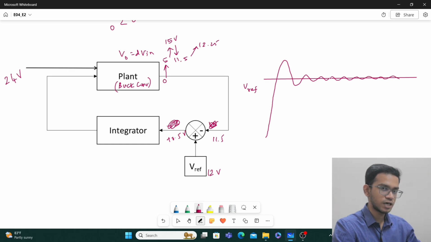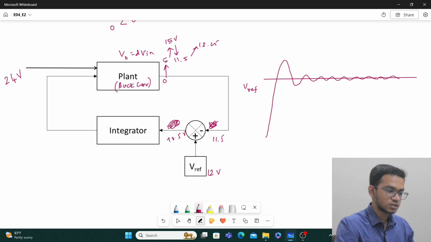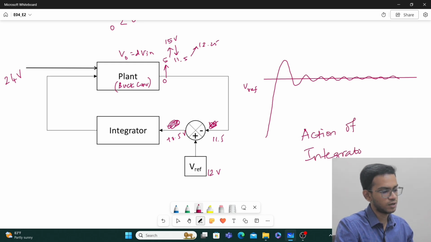It will go up, the error will become positive, it will come down. Again it will pull down more than necessary, the error will become negative, it will again pull up. Again, it will pull up more than necessary, the error will become negative, it will again pull down. So this is the action of integrator. This is how an integrator functions with any plant.